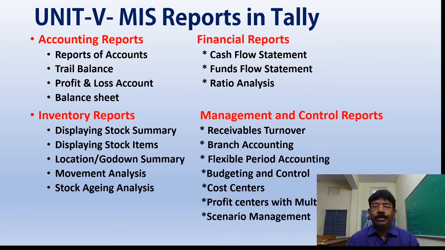Next, decision making reports for management come under financial reports: cash flow statement, funds flow statement, and ratio analysis. Another one is management control reports: receivables turnover, branch accounting, flexible period accounting, budgeting and control, cost centers, profit centers with multiple cost categories, and scenario management.